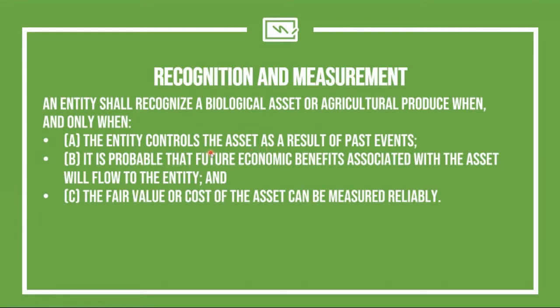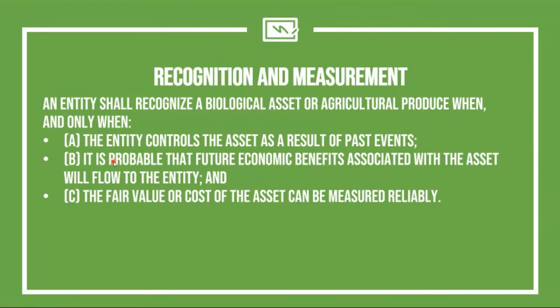This is a general criterion for all assets. Letter B, it is probable that future economic benefits associated with the asset will flow to the entity. And letter C, the fair value or cost of the asset can be measured reliably. So these three are the general recognition requirements for all assets.